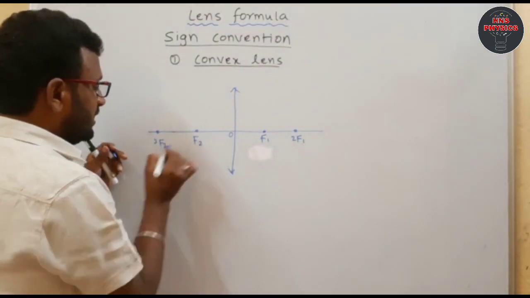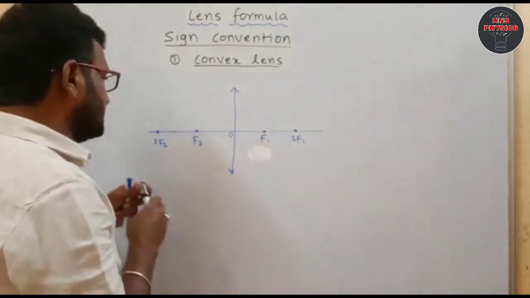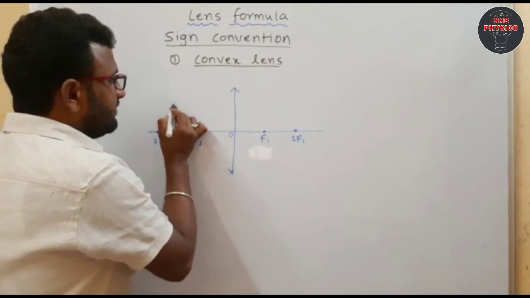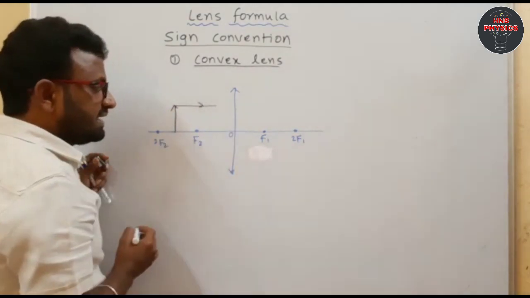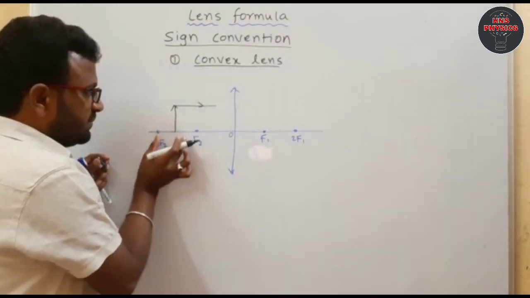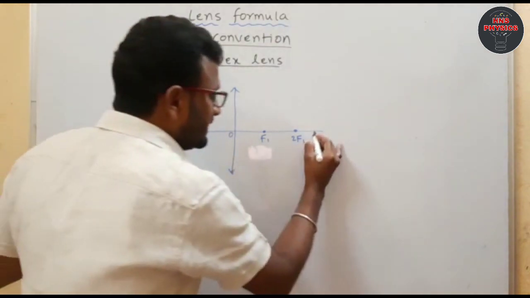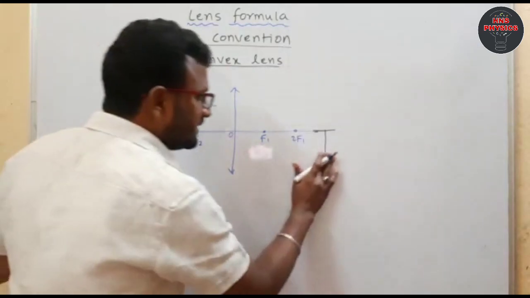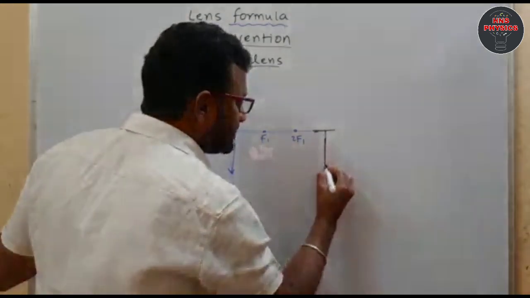For example, when I place the object between F2 and 2F2, we take the incident ray direction this way. When the object is placed between 2F2 and F2, generally the image is formed here, an enlarged image.